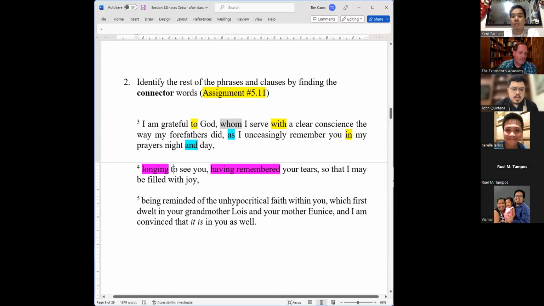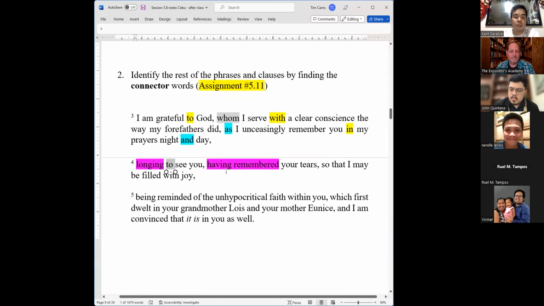Now, what about this "to" here? What follows the word "to"? The verb. So is this a preposition, or is it something else? It's something else. This is what we were talking about last week.